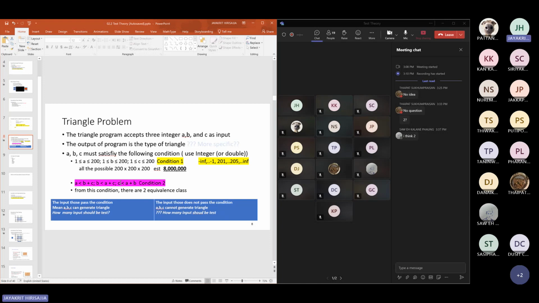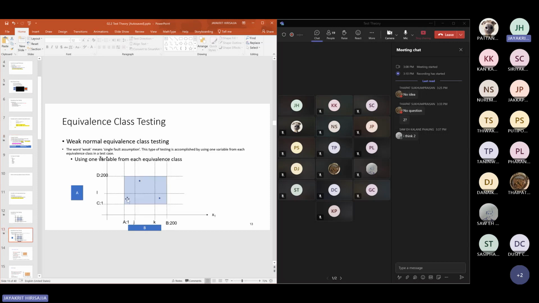C should be less than A plus B. So the number of C should be less than something like this. That is a way of thinking about equivalent class input. But any one item that represents the proper execution of all the input is okay for equivalent class.